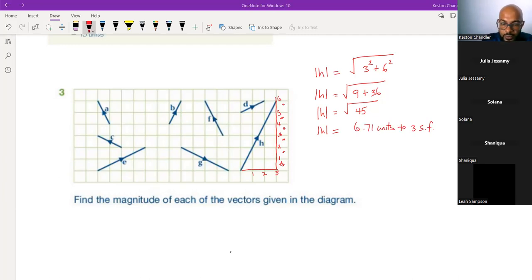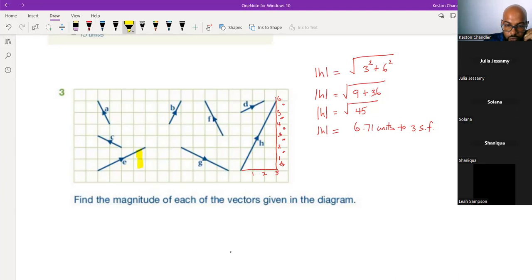Let's look at E. We want to find the magnitude of E. So to find the magnitude of E, you're just looking at the amount of blocks that we move in this way versus this way. Right? So let's check the blocks.